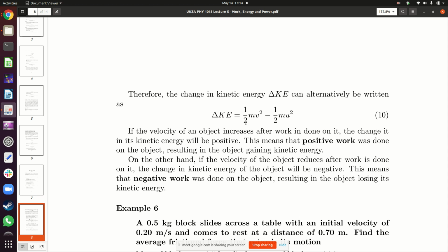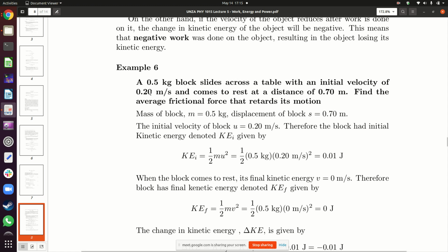Friction points in the opposite direction, and the object slides the other direction, so the angle between the friction force and the direction of motion is 180 degrees. In such a case, the work done will be negative, and that negative work results in energy being removed from the object.